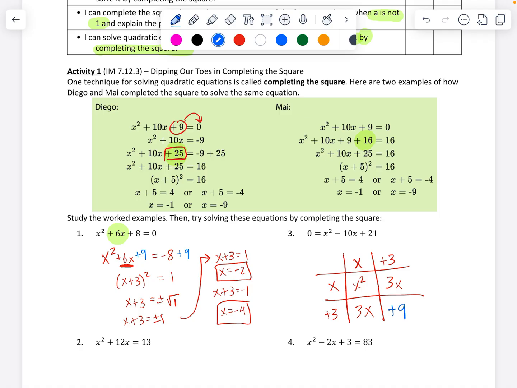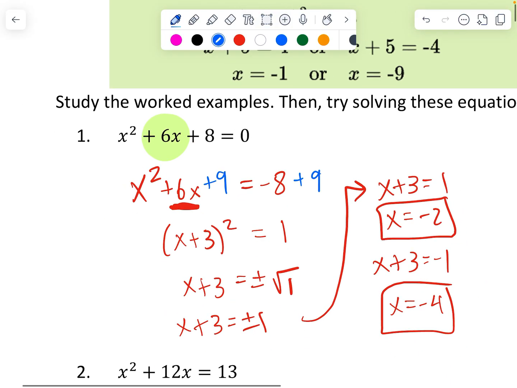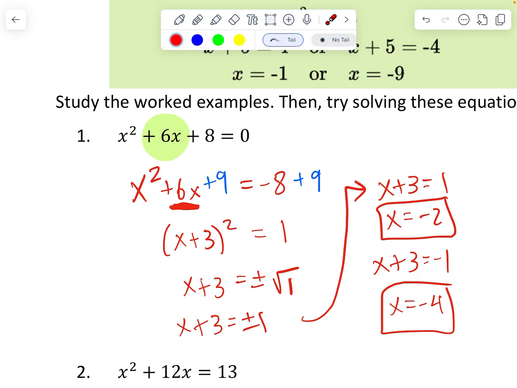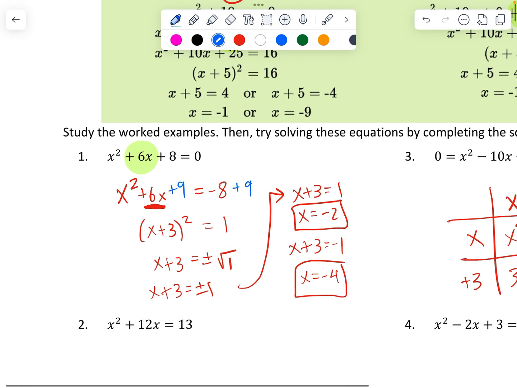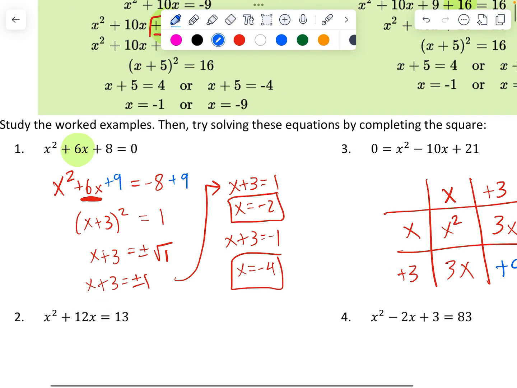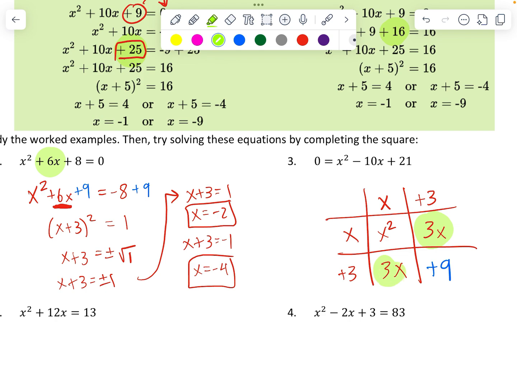So to get from this step to this step, we know that the two factors are x plus 3 and x plus 3. So we added 9 to make it a perfect square.